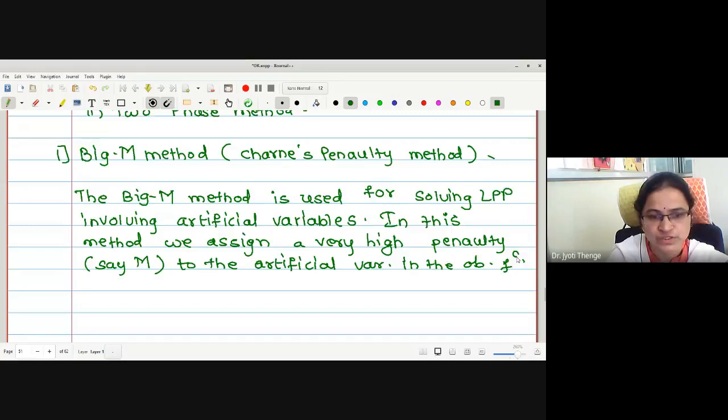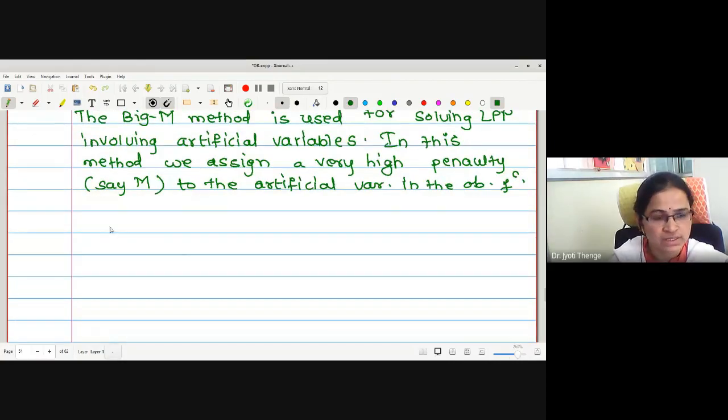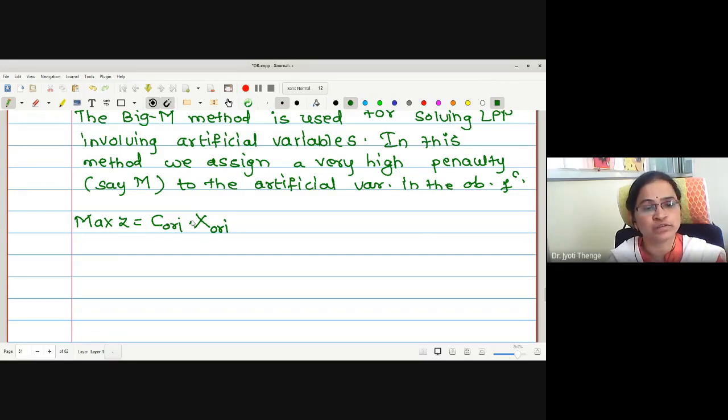In the objective function. Therefore, what is the objective function? It is of the type maximize Z equals, let me write it in the notation form, C original into X original, the cost of the original variable multiplied by the original variables, plus 0 slack variable into X slack variable. What is the meaning?